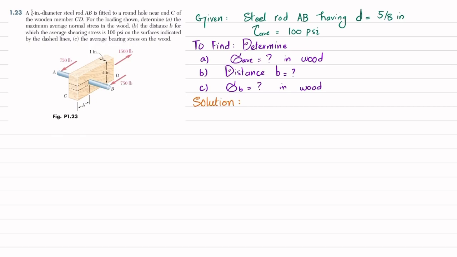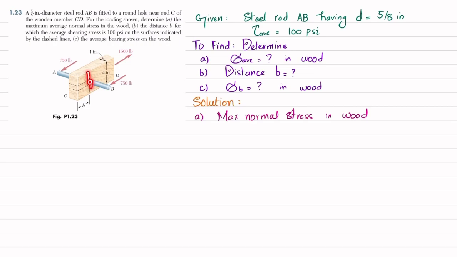So the first step is that in the first part we have to find the maximum normal stress in wood. Now you can see that due to this tensile load, 1500 in this and 1500 in this, the wood member will be in tension, and in tension what will be the area contributed?